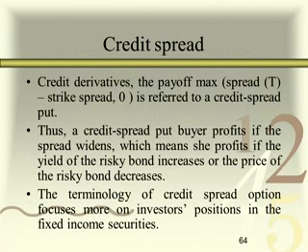In credit derivatives, the payoff is the maximum. If the payoff is the maximum between the spread and the strike spread and zero, that's a credit spread put. So a credit spread put buyer profits if the spread widens, which means they profit if the yield of the risky bond increases or if the price of the risky bond decreases.